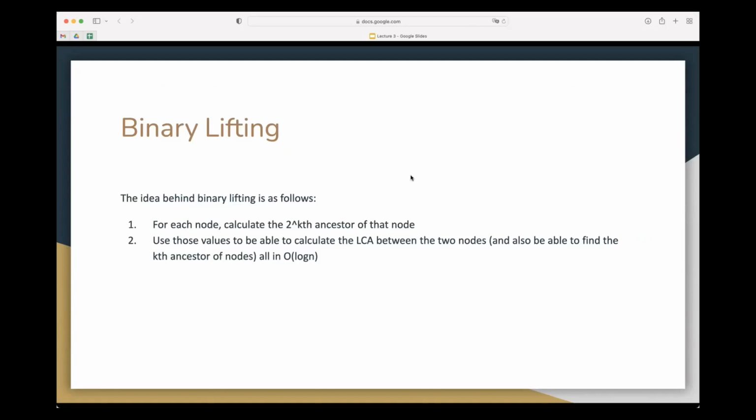After we're able to pre-compute all of that, there are n log n values there, so we should be able to pre-compute it in O(n log n). The second step is to use those values to calculate the LCA between 2 nodes. This is actually where the term binary lifting comes from: we're using those 2 to the k values, essentially using binary lifting to lift all of our nodes to the LCA. So first, let's talk about how to do the first step.